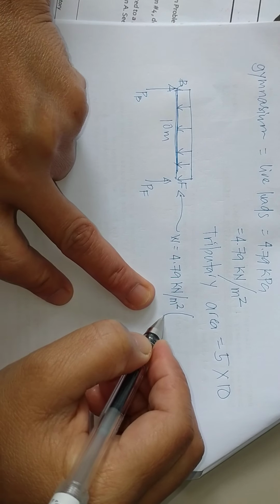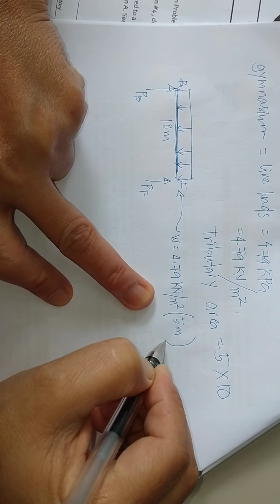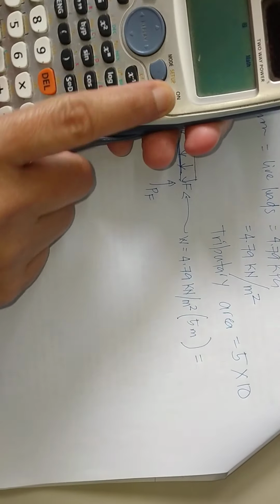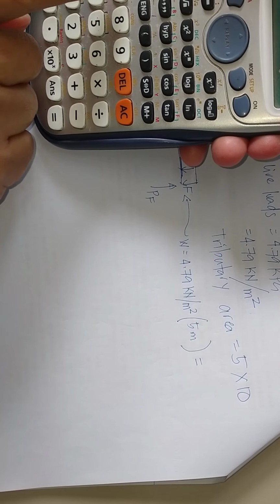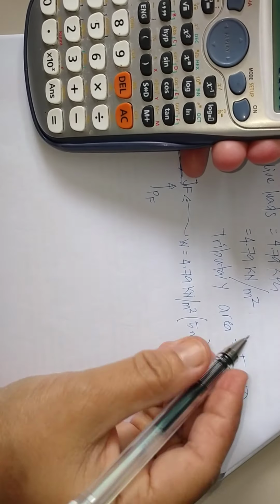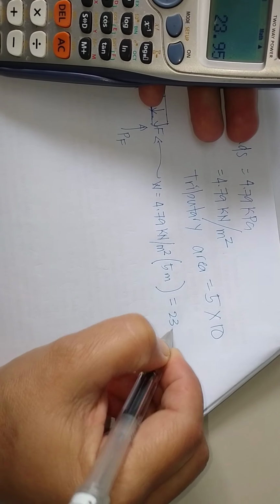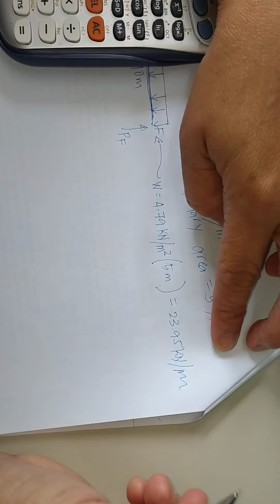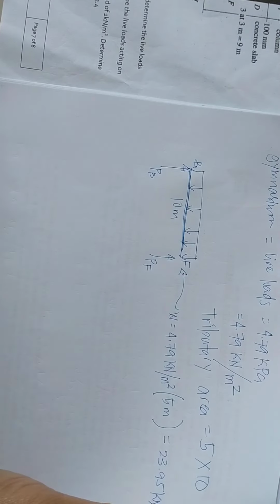Multiply by 5 meter. And that's all. Using calculator, 4.79 multiplied by 5 is equals 23.95 kilonewton per meter. Ayun.